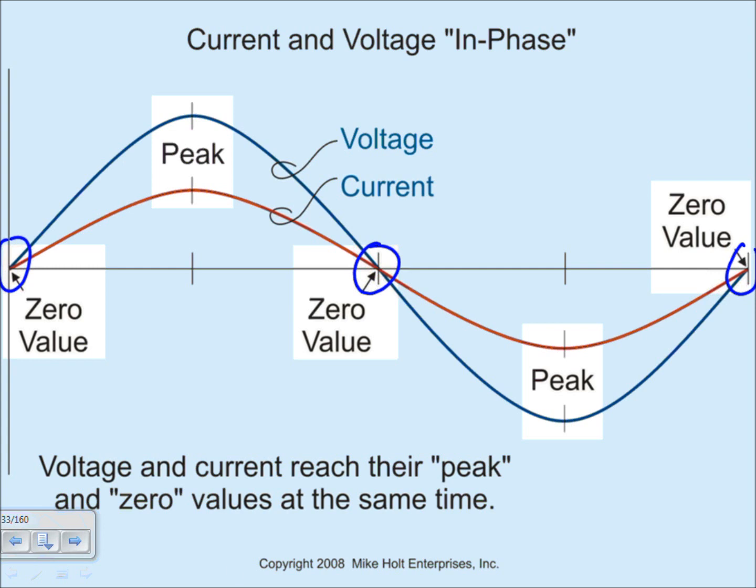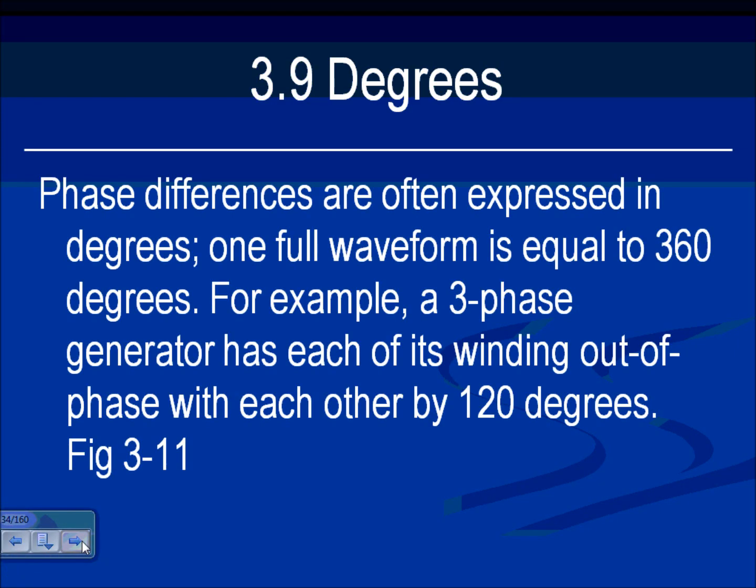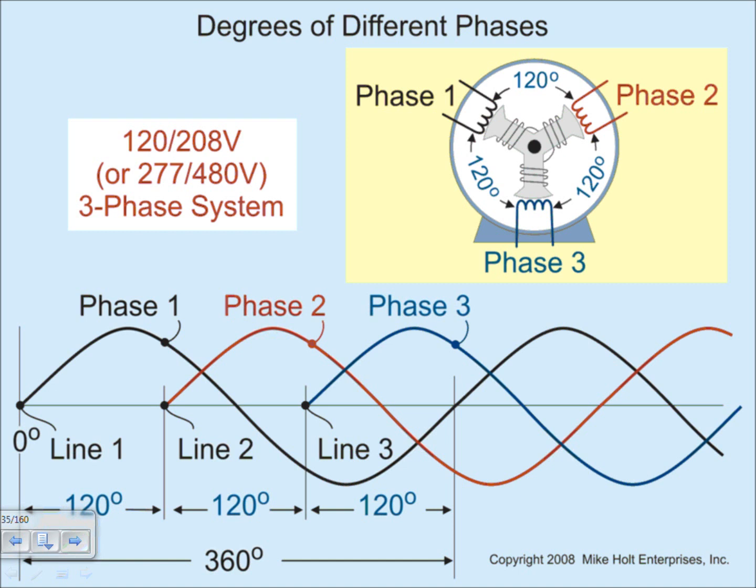Cool? Now can you see how it starts and reaches the 0 at the same time? You put a couple of degrees on them. Look at this. Non-resistive load, the voltage phase. If it's a 3-phase system, we created the phases with 120 degrees between them.